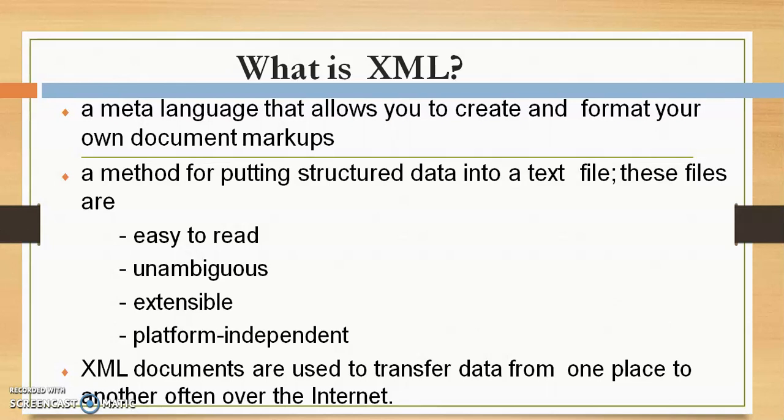XML is also a method for putting structured data into a text file, and these files are easy to read, unambiguous, extensible, and platform independent. So XML documents are used to transfer the data from one place to another over the internet.